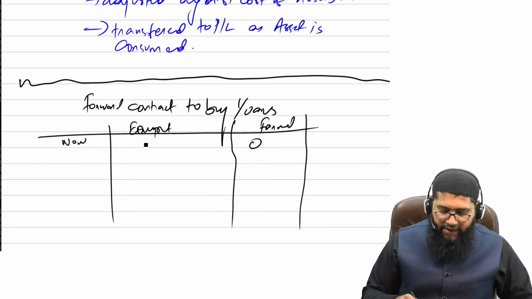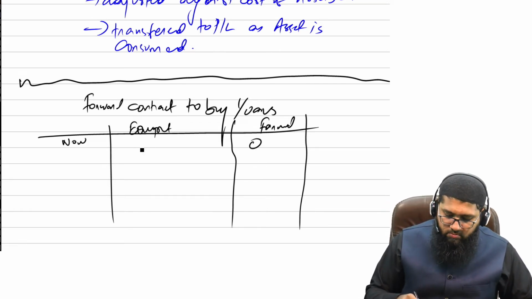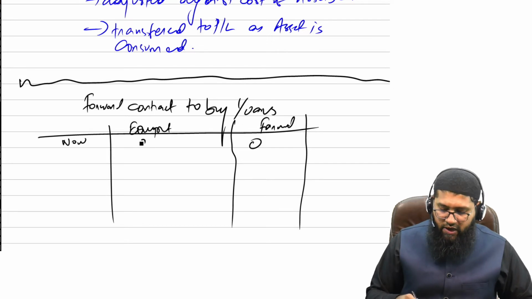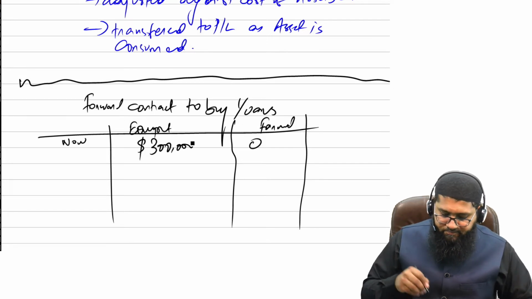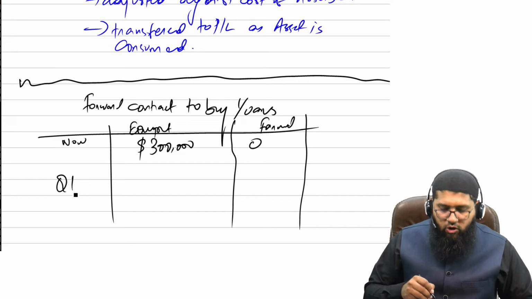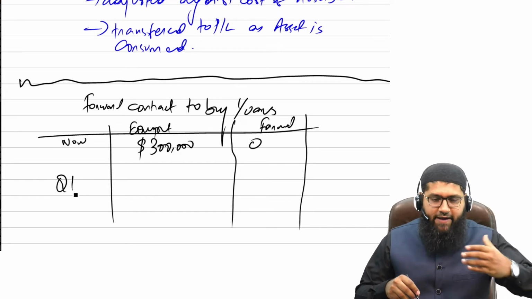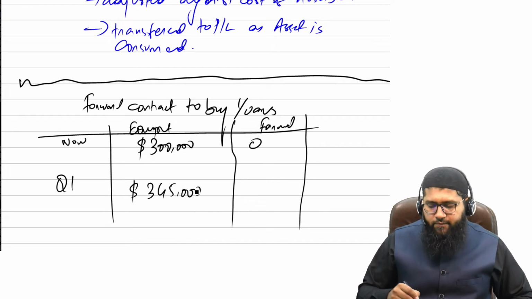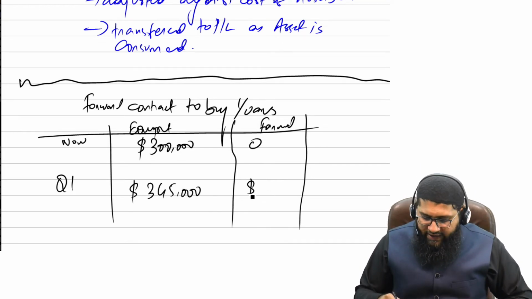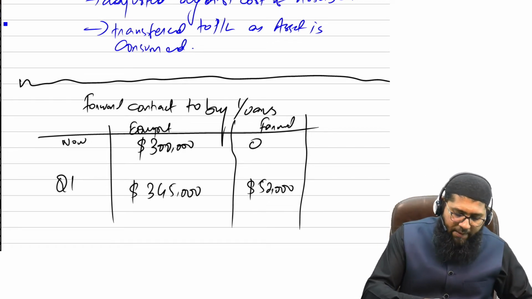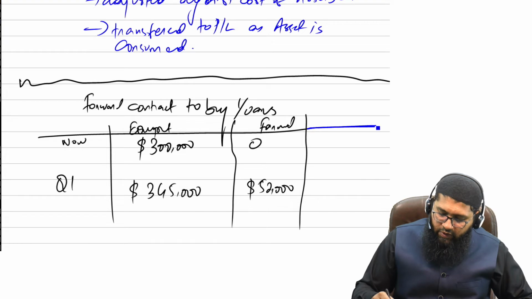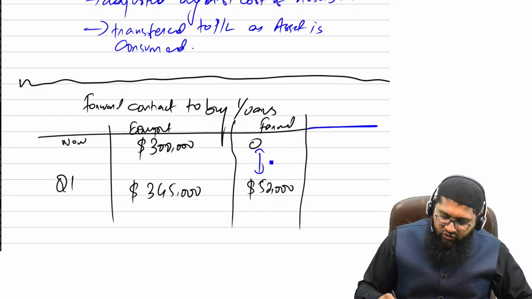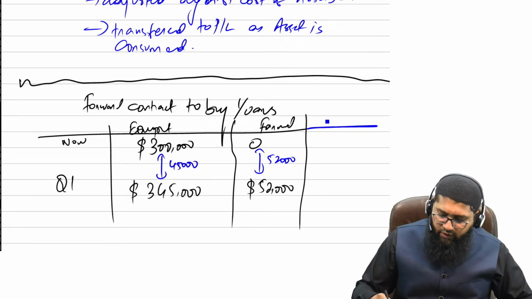The value of the equipment is, let's say, in terms of dollars, 300,000. Now, when quarter one comes in, the value of the equipment has become 345,000, whereas the value of the forward contract has become 52,000. So what happens is that there is actually a movement of 52,000. There is actually a movement of 45,000.